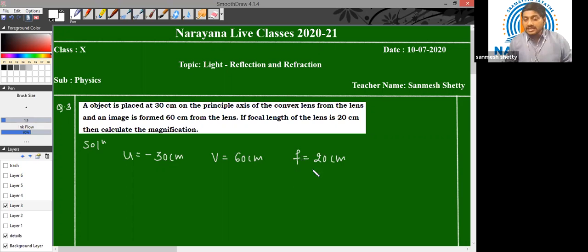That's why, since here f is equal to 20 centimeter and u is equal to minus 30, I can say that the object is kept at a distance greater than the focal length. So I have taken V as positive 60 centimeter.